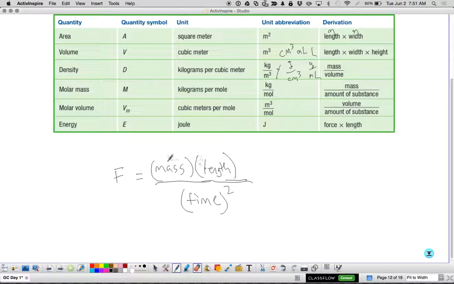So mass has the unit kilograms, length has the unit meters, and time has the unit seconds, so this is seconds squared. So kilograms times meters per second squared. So that would be the derived unit of force. So I could ask you to derive things based on that. And that's really it for our sort of intro to units.